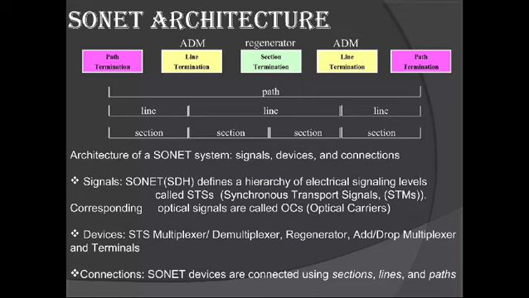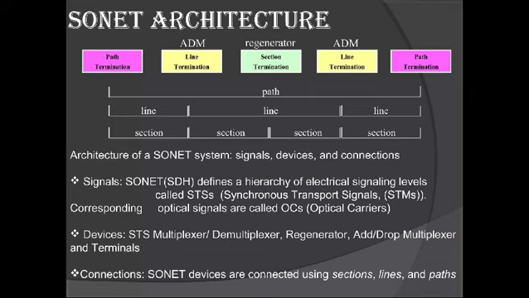In the beginning I told that SONET is a network used to transfer signals synchronously, so that's why it is also called synchronous transport signals. Corresponding optical signals are called optical carriers, transmitted through optical fiber.